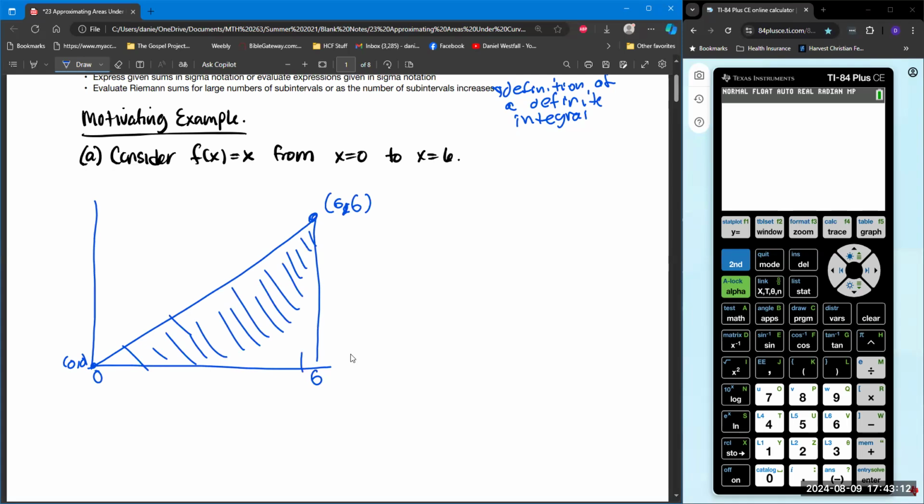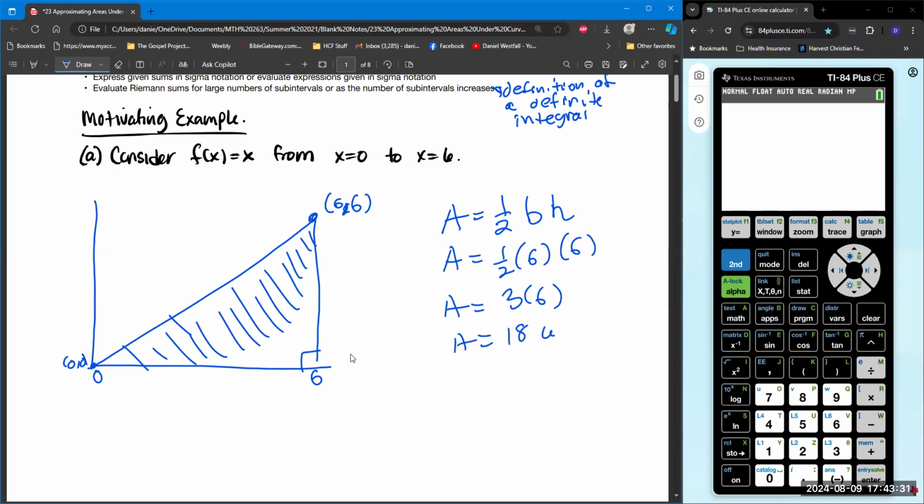Well, we notice that this is a right triangle, and we have a geometry formula for it: 1/2 base times height. Our base is 6, and our height is also 6. So our area is going to be 18 square units.